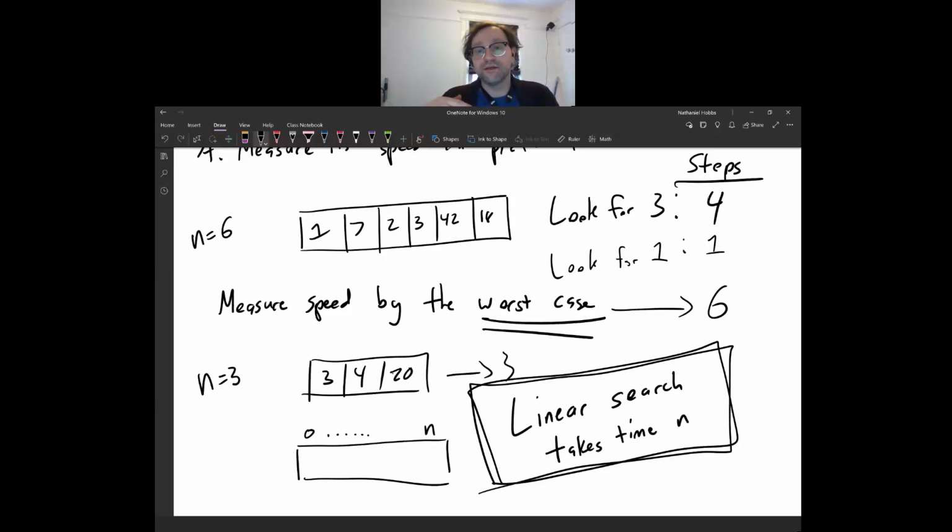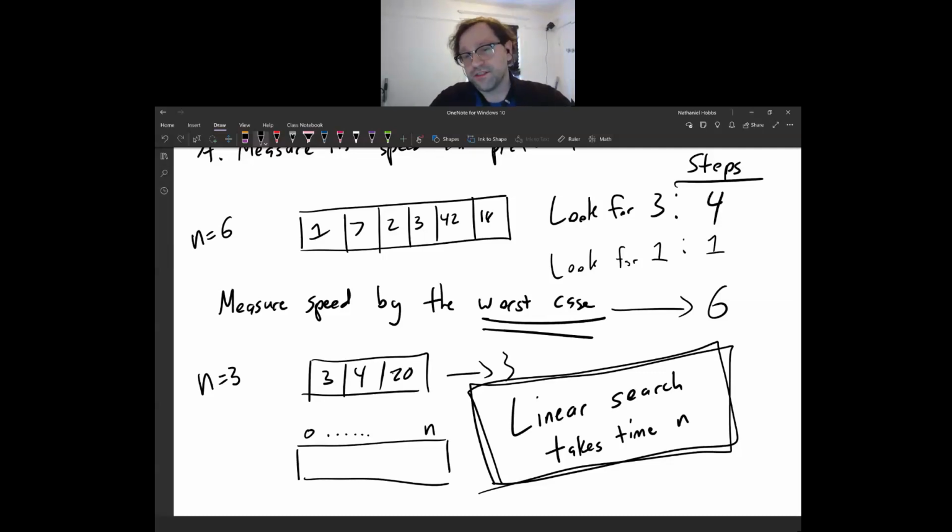But this is a standard thing to measure algorithms by their speed and to measure them in terms of the length of the input. Here, the length of the input is the size of the array, and so that's the letter n.